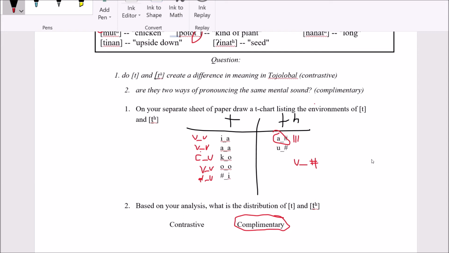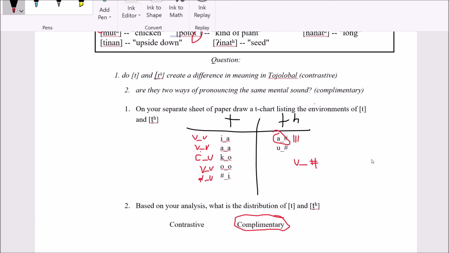Now, when we're looking at this data and trying to decide which is the phoneme, remember, just like if we are superhero hunters, if we're the Joker and we are trying to find out which is the costume, Bruce Wayne or Batman, who is the real person and who is the costume, we would look at who appears in a variety of environments. So Bruce Wayne appears everywhere and Batman appears only in crime.